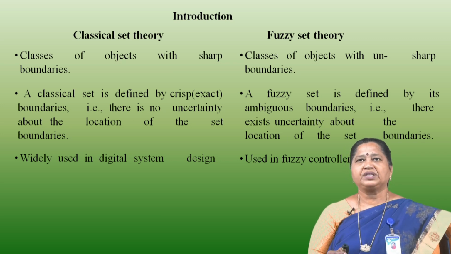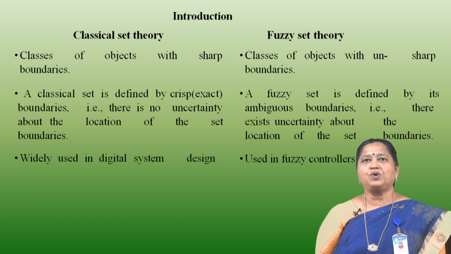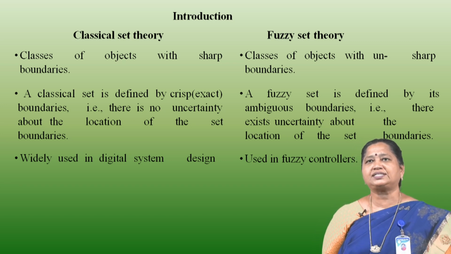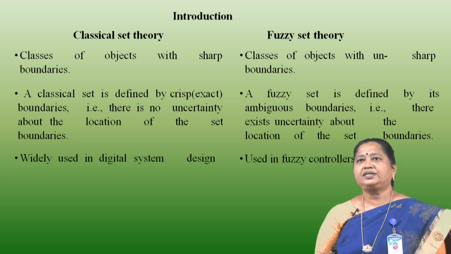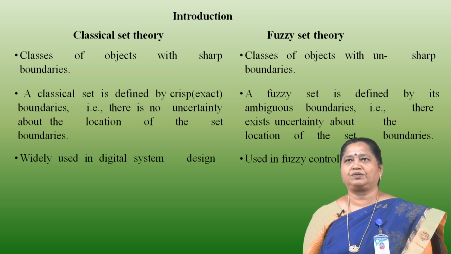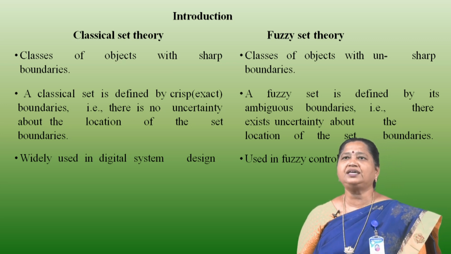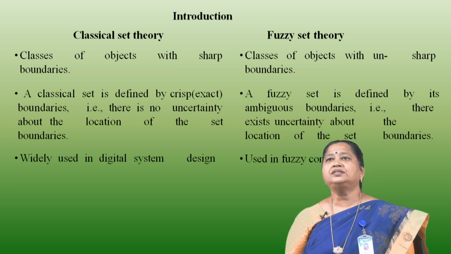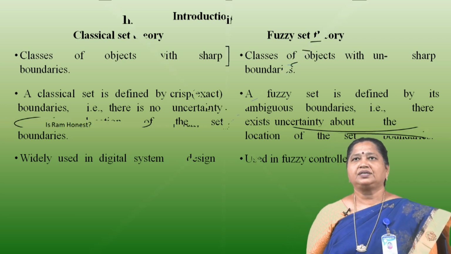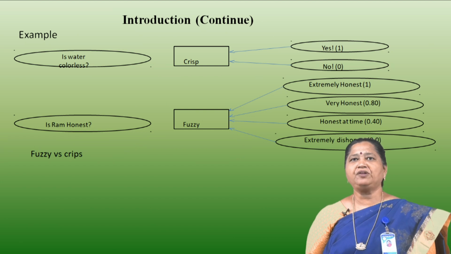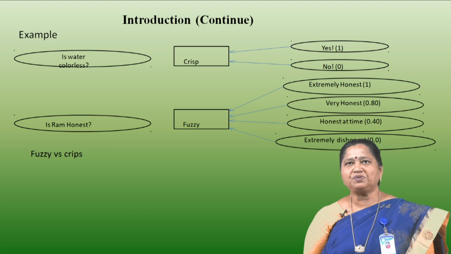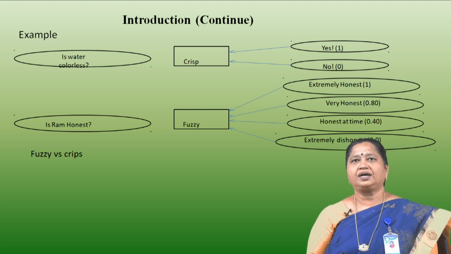Next, classical set theory is widely used in digital systems. Fuzzy set theory is used in fuzzy controllers. This is the example for fuzzy versus crisp. Is the water cooler? Is someone honest?